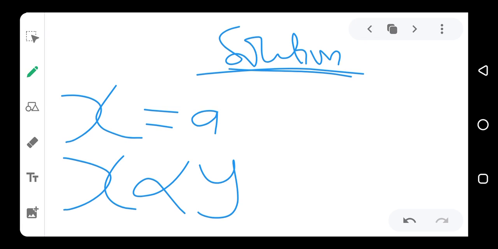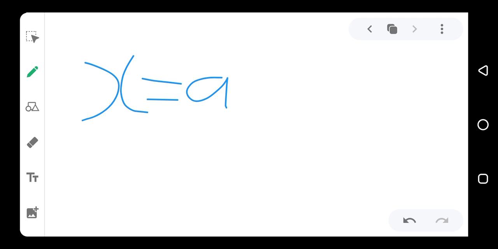Now for the second one, we have to clear the sign of proportionality, and for us to clear it, we have to introduce another constant. Remember, this a here is a constant, so we can now say that x is equal to a plus, let's use k to represent the second constant. So we say ky.